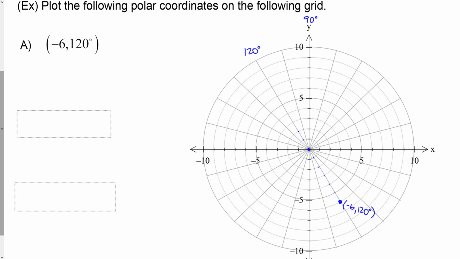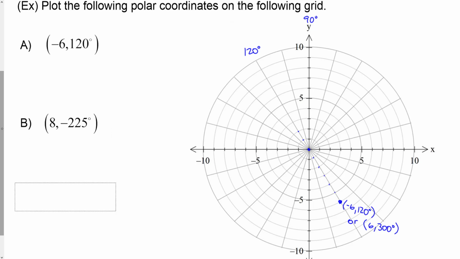So that's why we say a well-formed point only has a positive radius and an angle between 0 and 360. So a better way of showing this point would be (6, 300°). That would be a well-formed point.